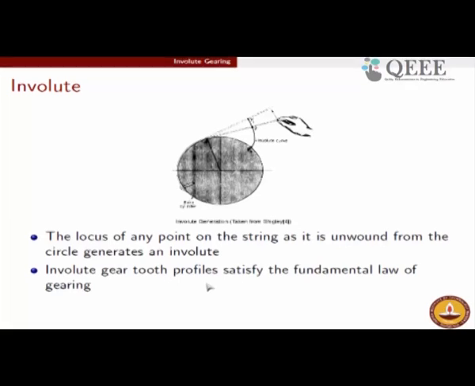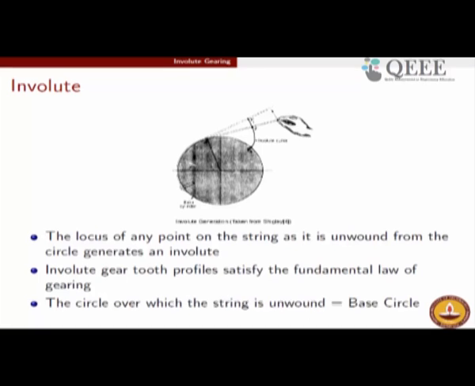The involute gear tooth profile satisfies the fundamental law of gearing. I have just demonstrated that to you through this cute experimental setup, but I will also try to prove this to you from a first principle theoretical argument, from a geometric standpoint. Before I do that, there is one more definition.